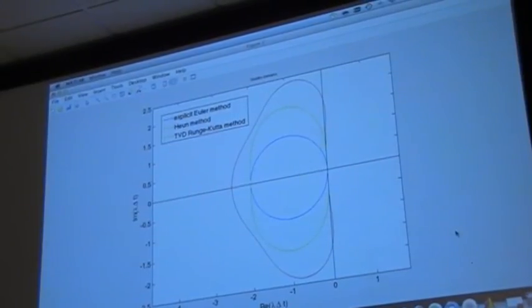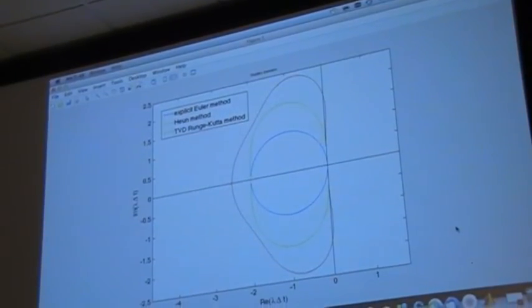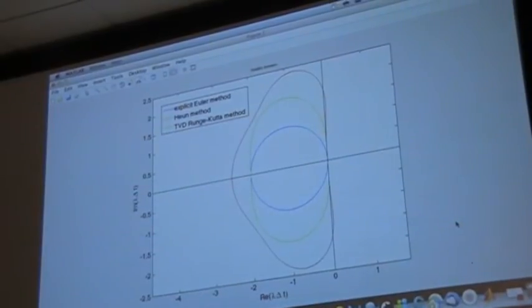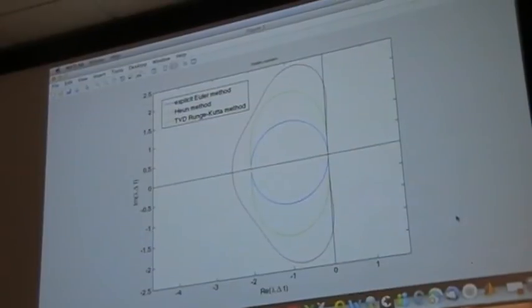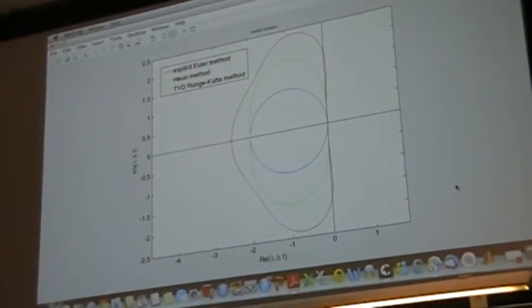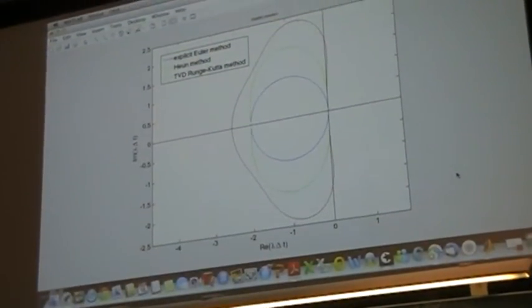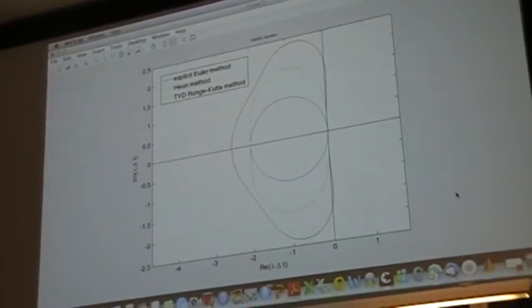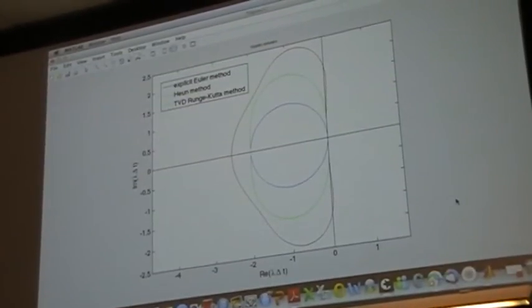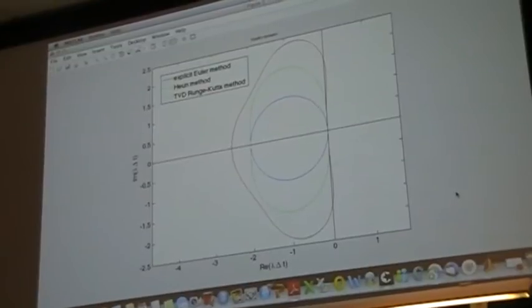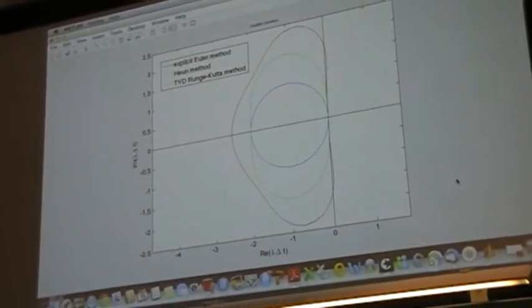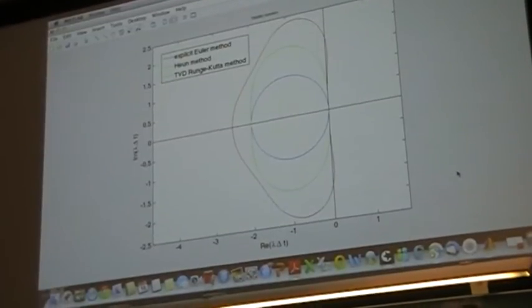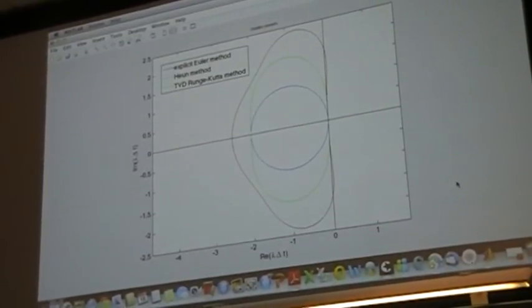But you see here some problem both with the explicit Euler method and with Heun's method. Because if you remember, our Fourier symbol, lambda, was containing an imaginary part, and that was coming from the central discretization. If we would not have any viscosity, our Fourier symbol would be completely imaginary.